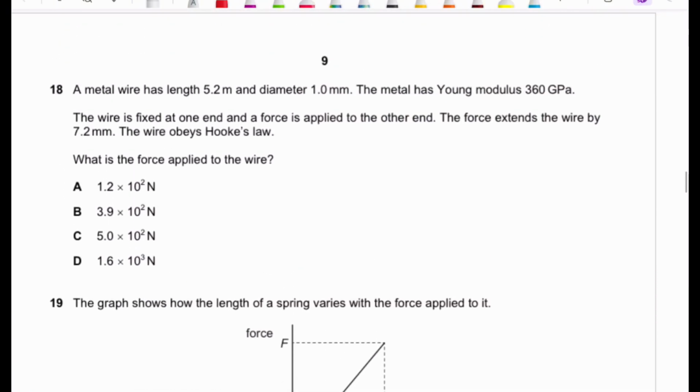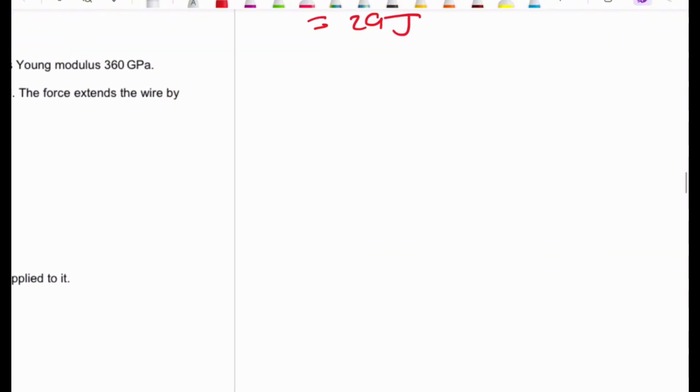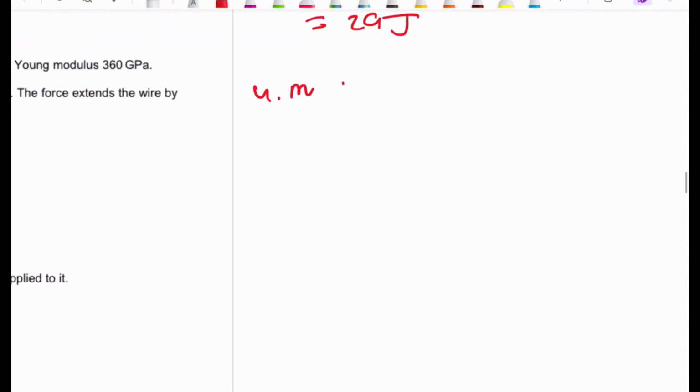Very important. Question 18, we're given a metal wire that is of length 5.2, diameter 1.00, and the Young modulus is 360 gigapascals, okay? So we've been given, what else have been given? We've been given the extension, and we've been asked to find the force applied. So basically, we know that the Young modulus is the ratio of stress to strain, right?